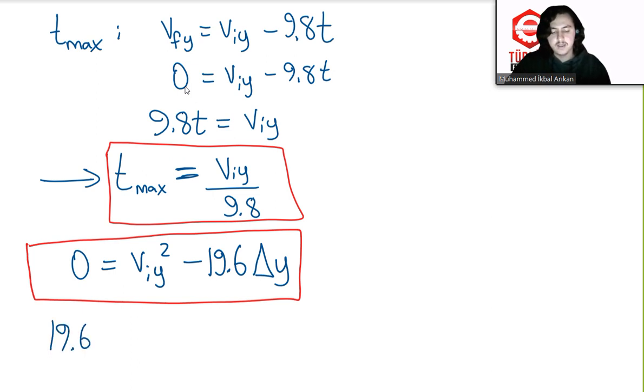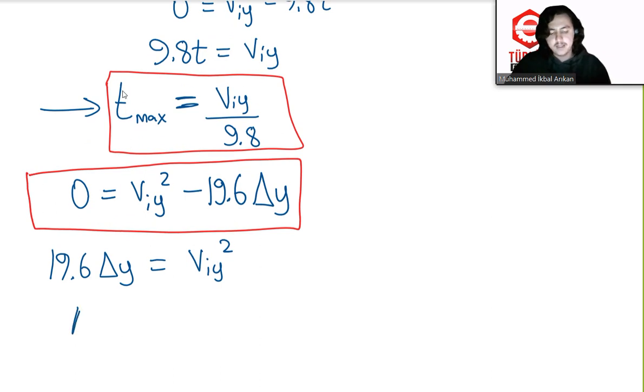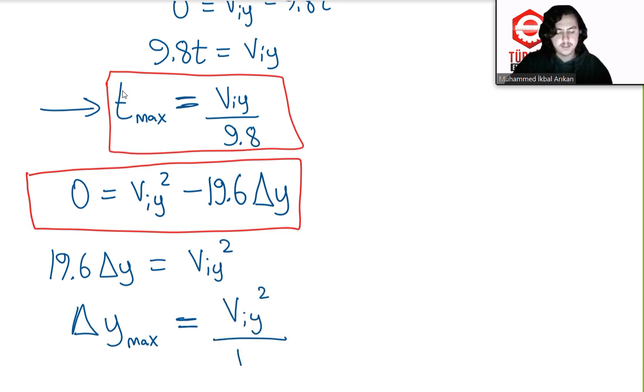So you will get 19.6 delta y equal to V initial y squared. So delta y for maximum height, delta y max, will be equal to V initial y squared divided by 19.6.